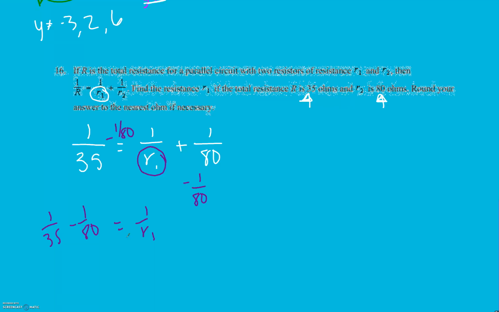We could have multiplied, if you don't want to find your common denominator, by an 80 here, top and bottom, and a 35 here, top and bottom. 80 minus 35 over 80 times 35. We're going to get 45 over whatever 80 times 35 is.